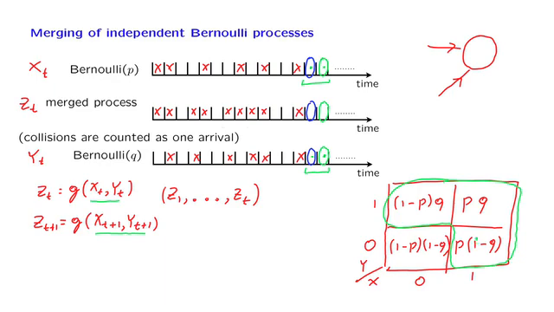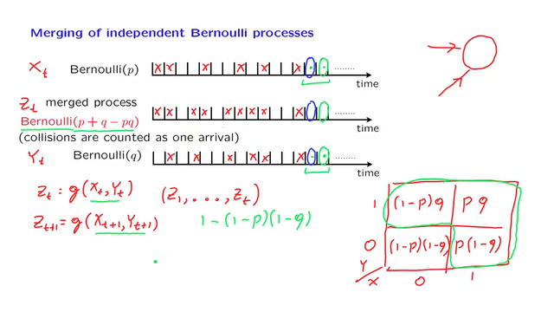So the probability of an arrival in the merged process is the sum of those three probabilities, or another way to calculate it is 1 minus this probability here, namely 1 minus P times 1 minus Q. And after you expand this product and do some cancellations, you end up with this expression, which is the probability of an arrival during a slot in the merged process. Of course, this probability is constant across time, and this, together with the independence property, establishes that the merged process is actually a Bernoulli process.